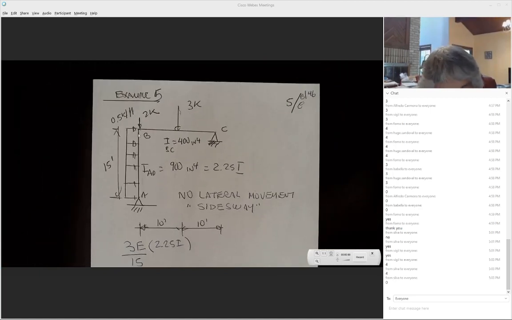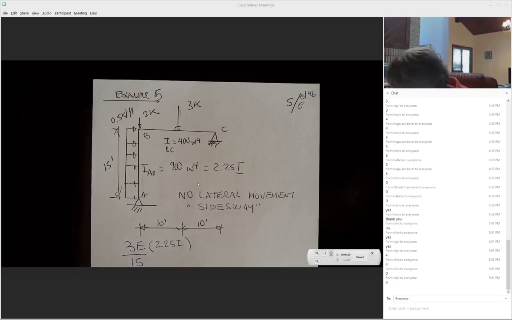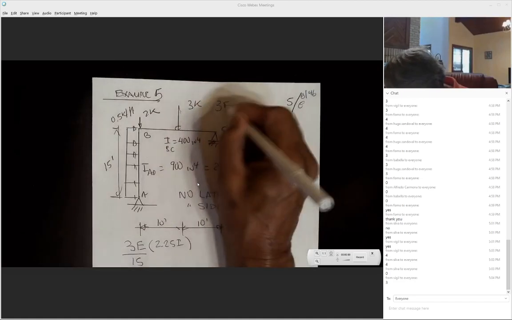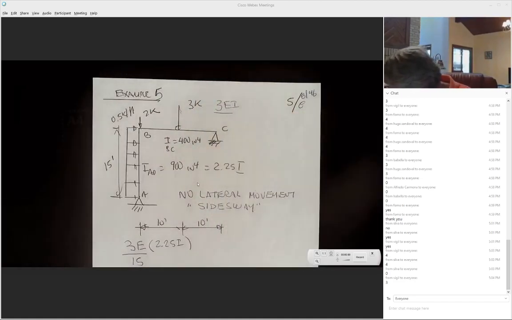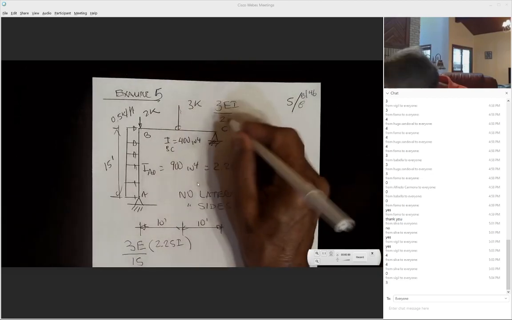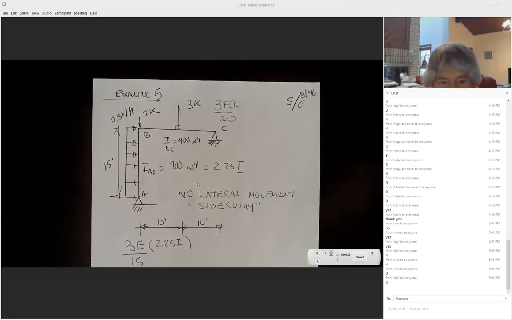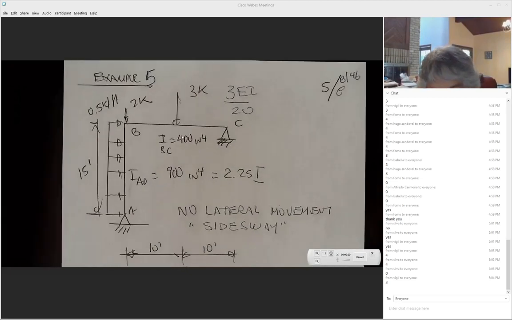Now member BC, 3 or 4 EI? 3, because the moment is 0. So this is going to be 3 EI over 20. I'm using I because this is 400.